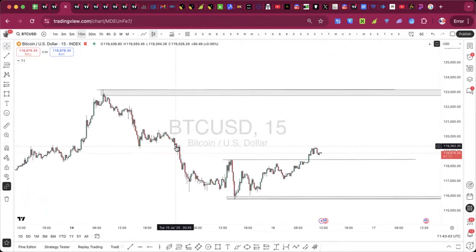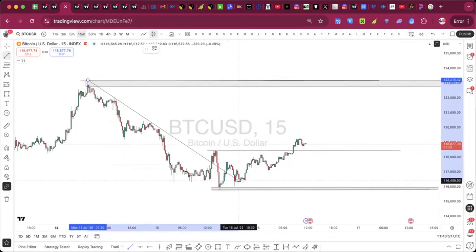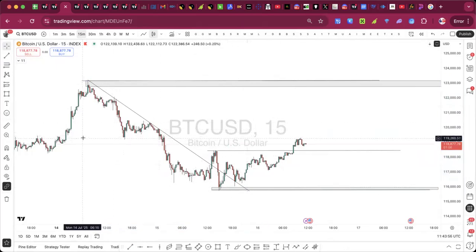Now, what we mean by liquidity is this, very simple. The market moved down massively at a point here, trending down on the 15-minute time frame. So it had a downtrend on the 15-minute time frame, which will have a high, a low, a high, a low, a high, a low, right?